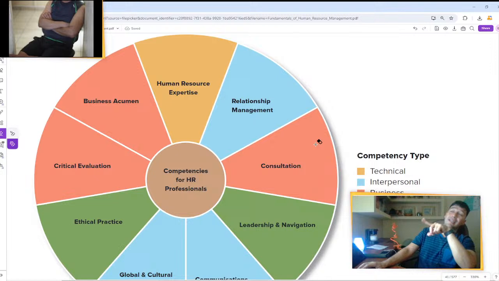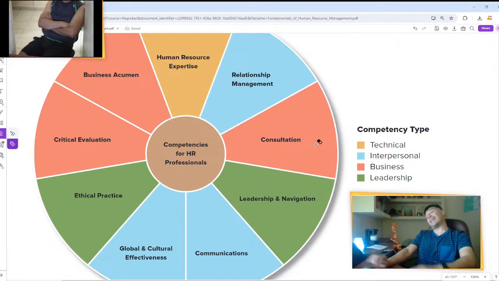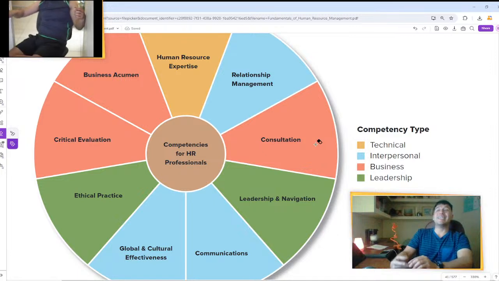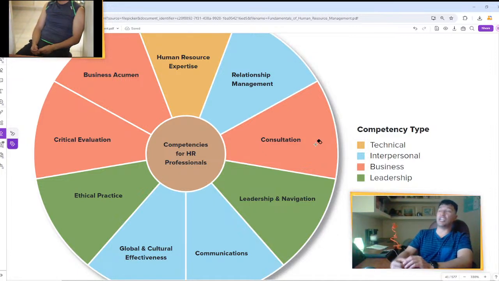The skills that are very necessary to work in the human resource management industry. This is what they're looking for if you want to work in these kinds of jobs.